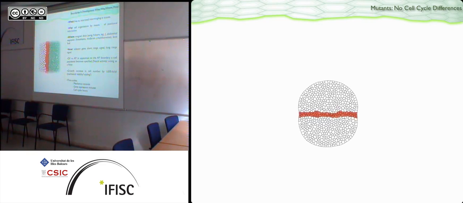Okay, the damping term can also be inferred from the experiment. What you know from the experiments is that the relaxation scale of the mechanics compared to the cell cycle duration is 100-fold larger.